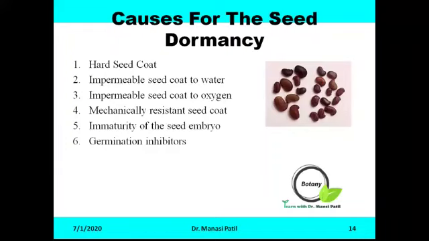In certain examples such as apple and pear, even though embryos are morphologically mature, they remain dormant and fail to germinate even when placed under favorable conditions. Such embryos are physiologically immature, because they lack particular enzymes or growth regulators which are required for germination.